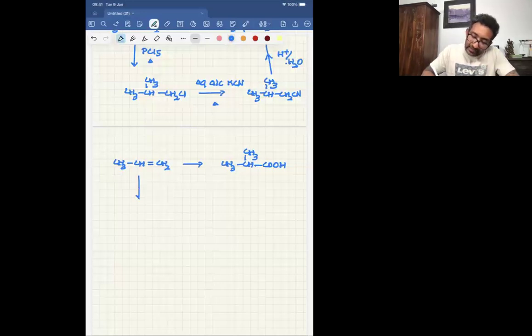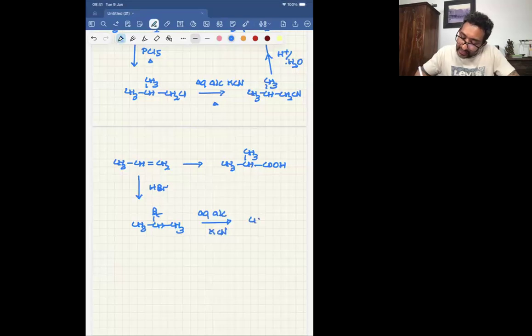It's very easy: HBr without any peroxide gives CH3 CH Br CH3. And then you add aqueous alcoholic KCN, giving CH3 CH(CN) CH3, and then you add H plus and H2O.